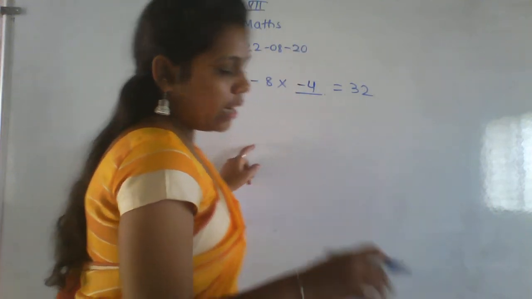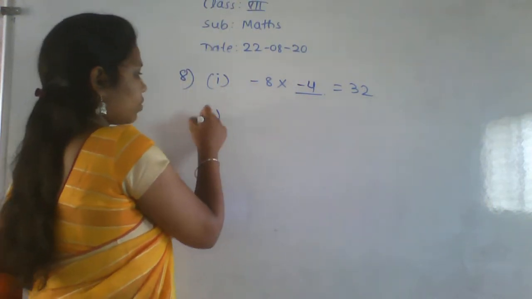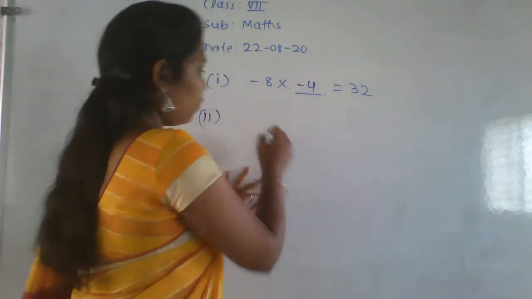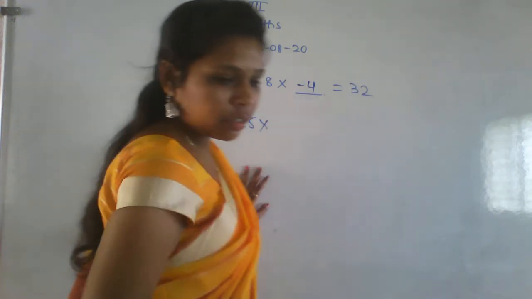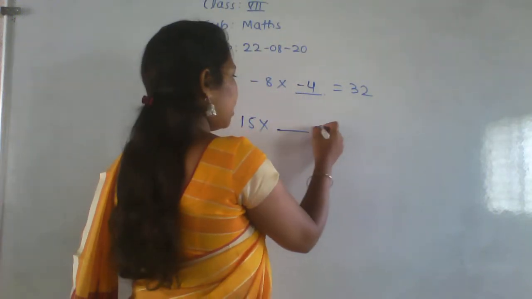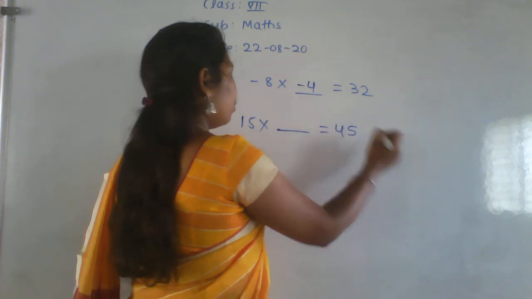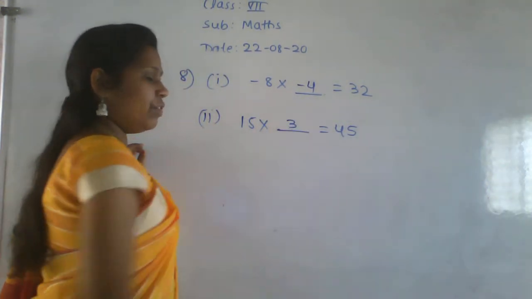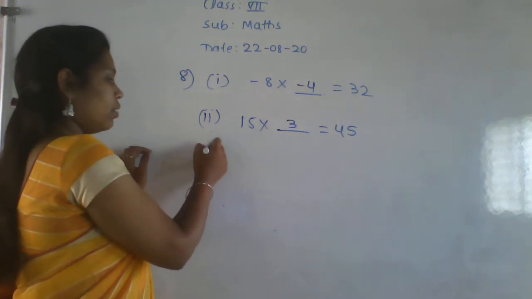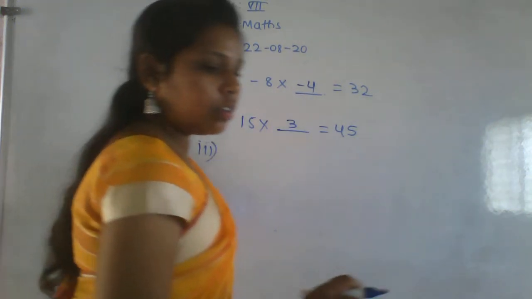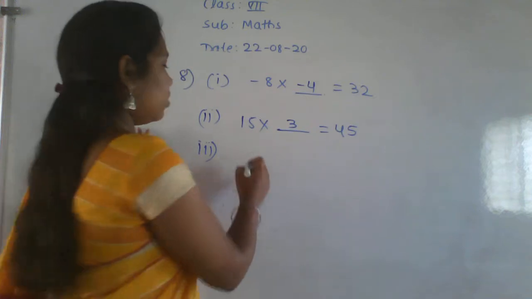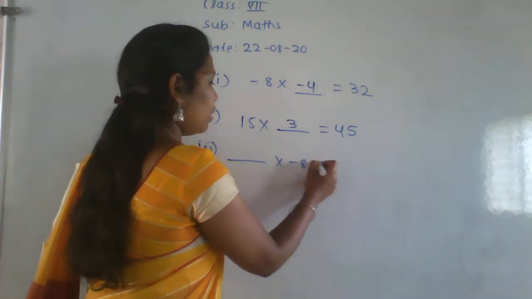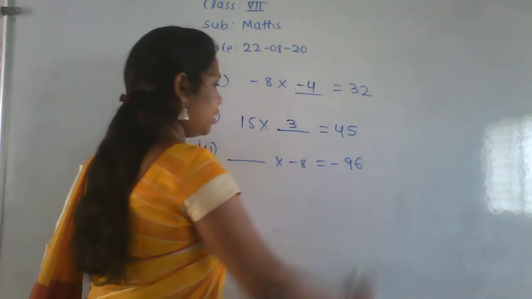Next, second one is 15 into dash is equal to 45. Then dash into minus 8 is equal to minus 96.